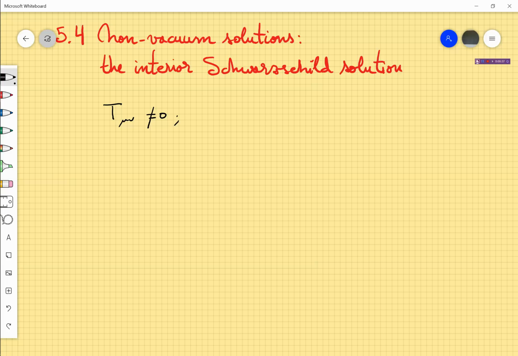In this video, we are going to study one of the simplest non-vacuum solutions, which is static and spherically symmetric. In principle, we are going to determine the conditions for obtaining solutions of this kind, and then we will find a particular one which is characterized by the fact that the perfect fluid is incompressible.